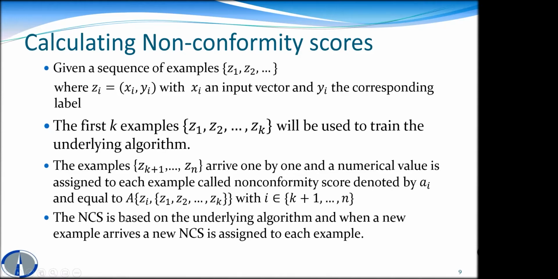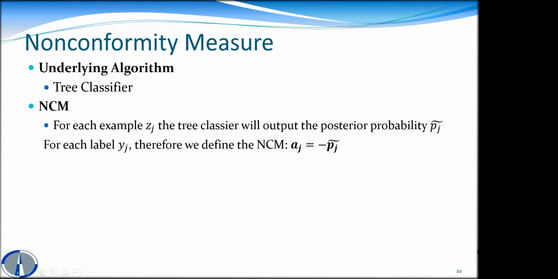The non-conformity score is based on our underlying algorithm, and when a new example arrives, a new non-conformity score is assigned. Our underlying algorithm is a simple tree classifier. The non-conformity score is based on the posterior probability of the underlying algorithm; it is the opposite of this posterior probability.